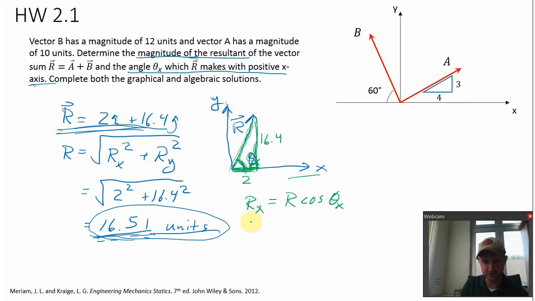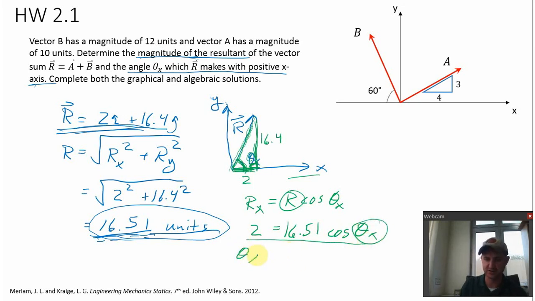So Rx, we know that is 2. What's R? We know that, and that's 16.51 times the cosine of theta x. So there's one equation, one unknown, theta x. I can solve for this. Theta x is equal to the cosine inverse of 2 over 16.51.